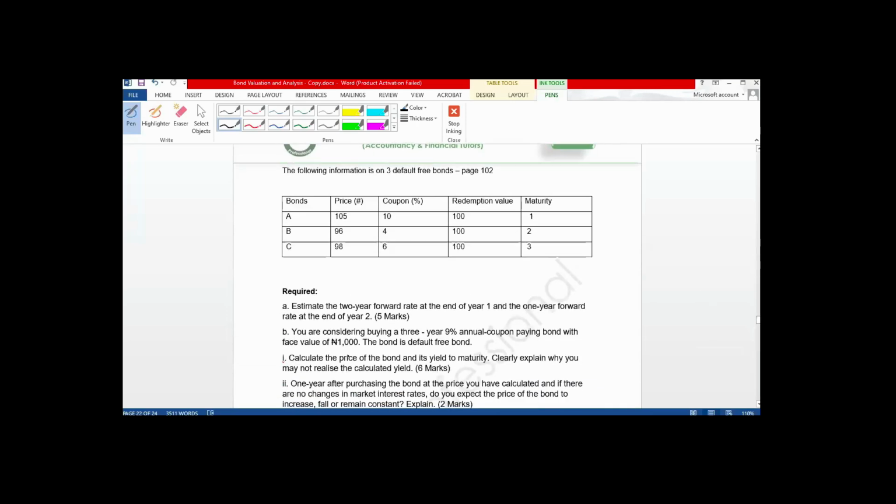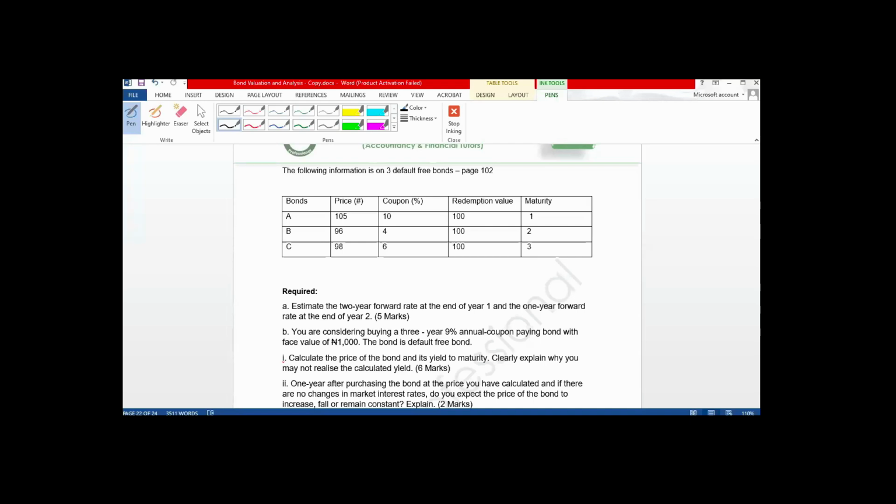We have done requirement A. Now look at requirement B. It is my belief that you should be able to handle requirements B1, B2, and even B3.